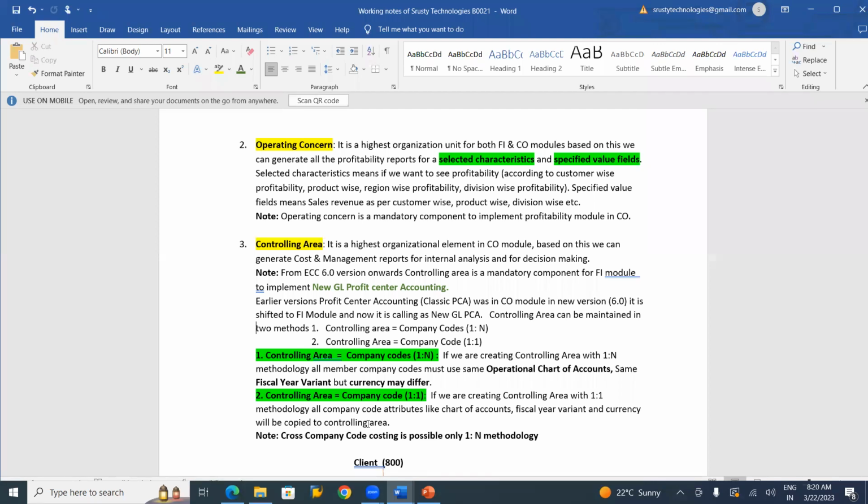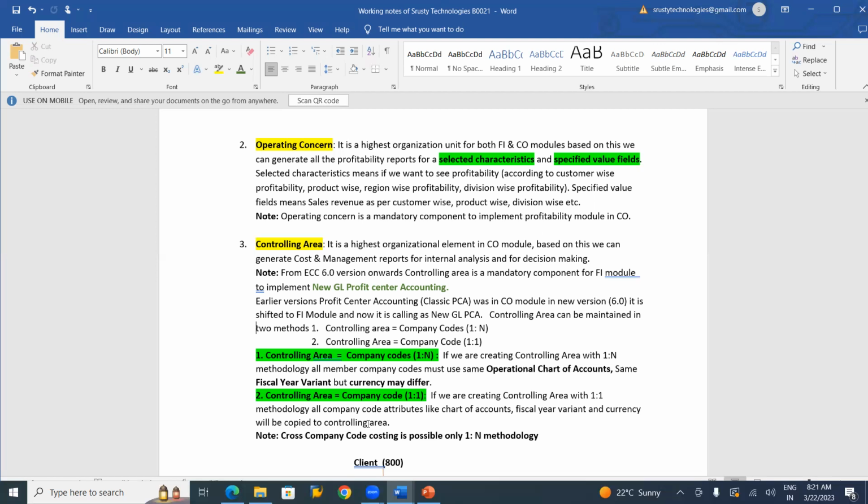Okay. So write a note here. This is cross-company code costing, or intercompany transactions. Intercompany transactions are possible only in 1:n methodology.